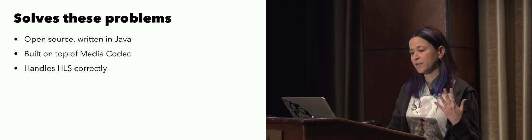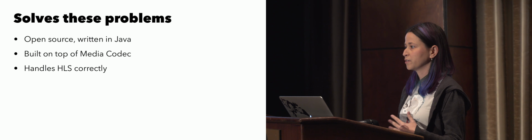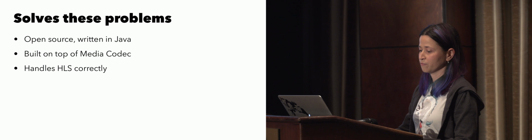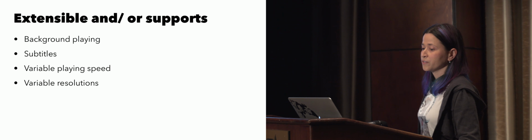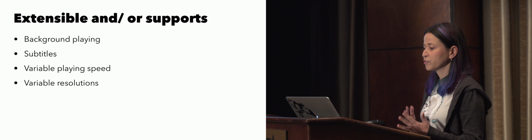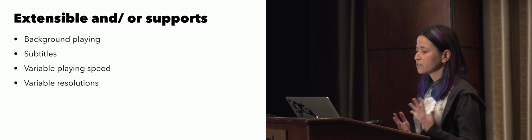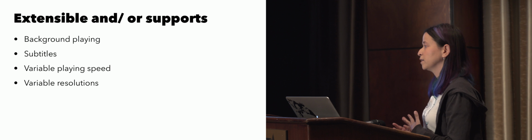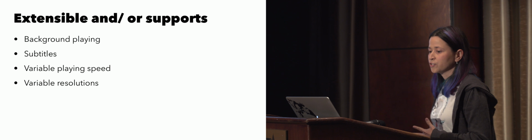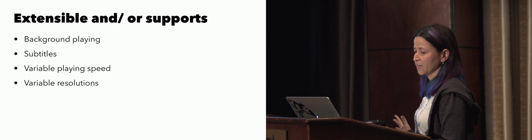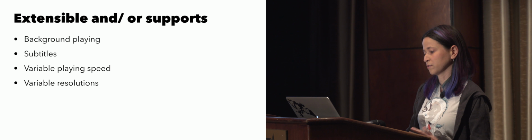And it handles HLS correctly, something that MediaPlayer didn't do for our HLS files. It's also extensible and supports out of the box things like background playing and subtitles, changing the playback speed during playing, and variable resolutions.